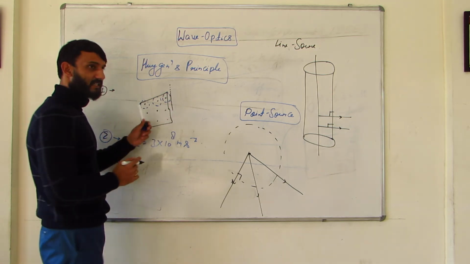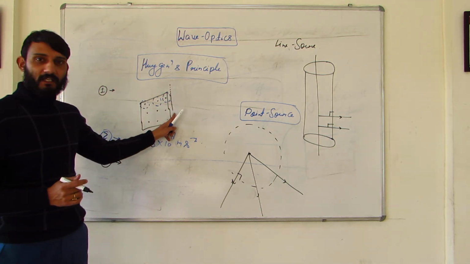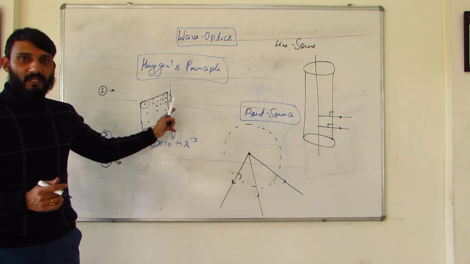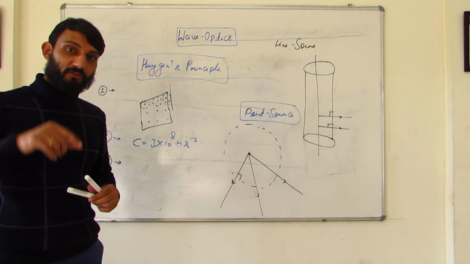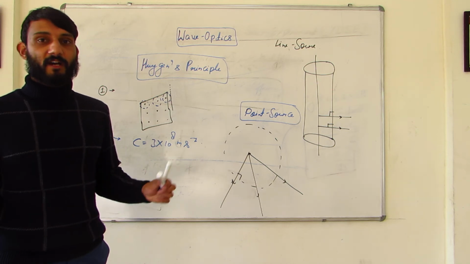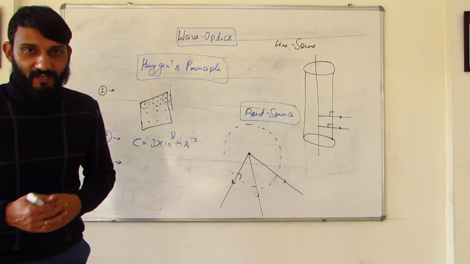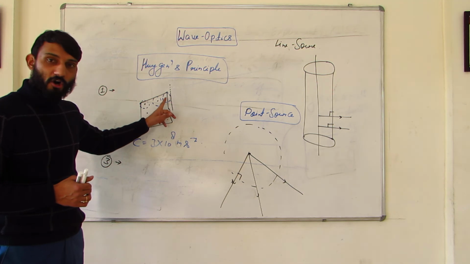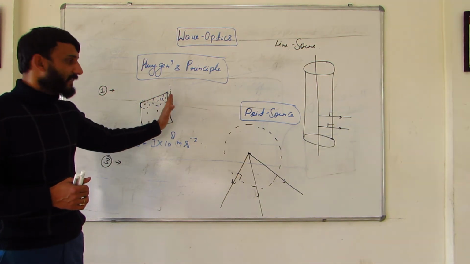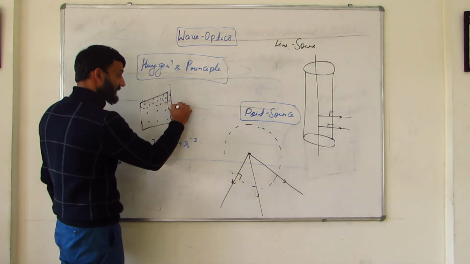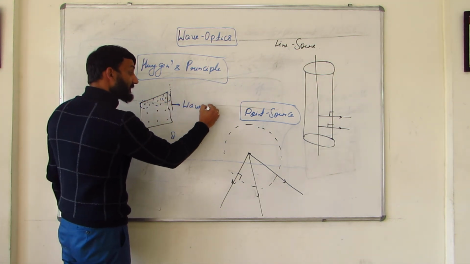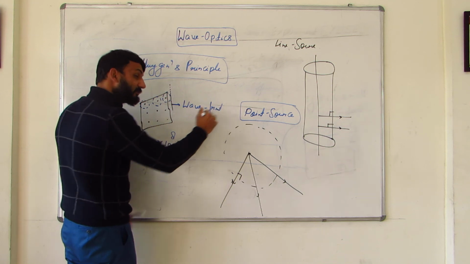So this is a tangent which is drawn to these waves. These waves are made up of the points which are on the wavefront, and they spread out in all possible directions with the speed of light. So the tangent drawn to these waves in the forward direction gives us the new wavefront. So what is the new wavefront? This is the new wavefront. And this is how light as a wave moves in space.